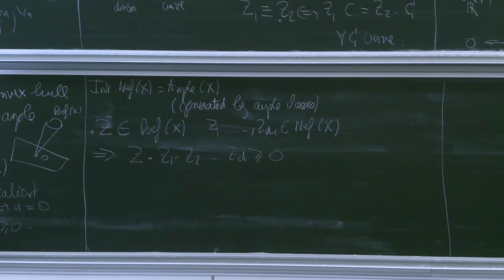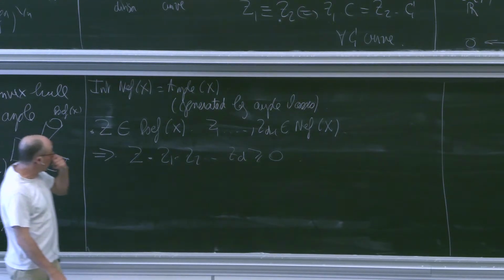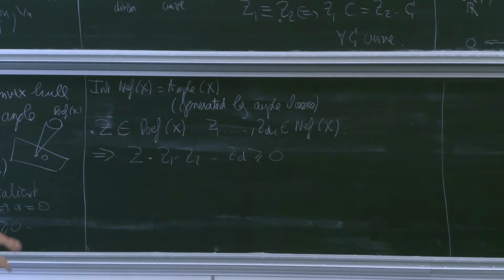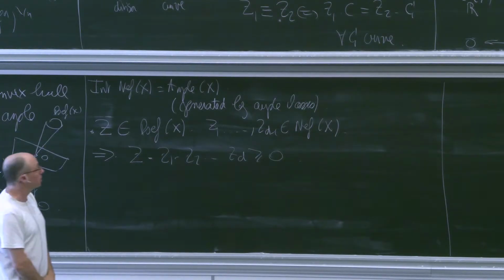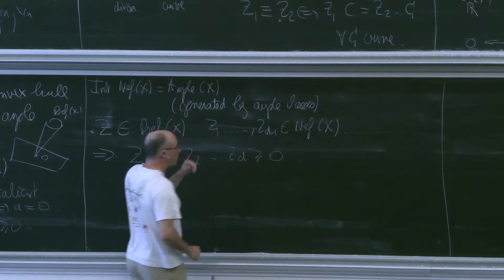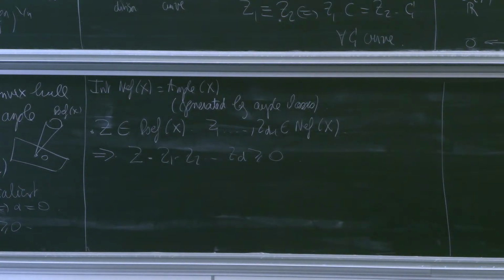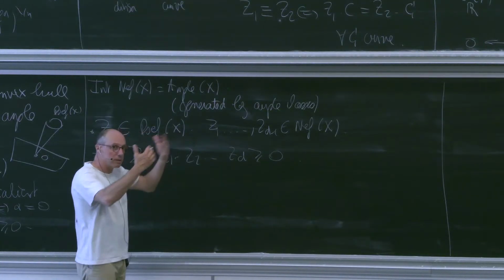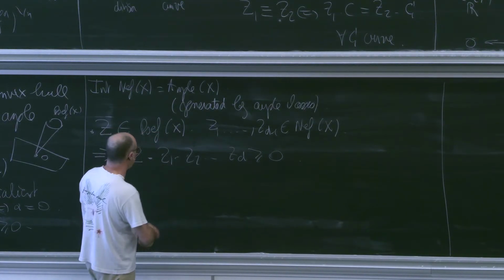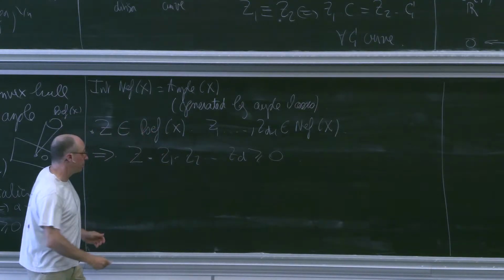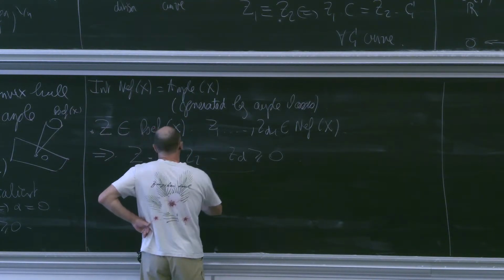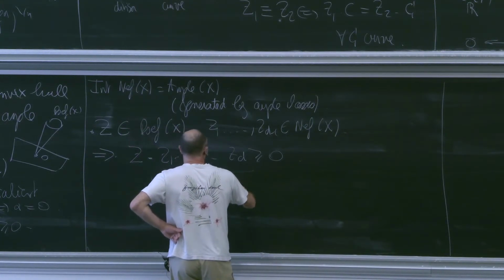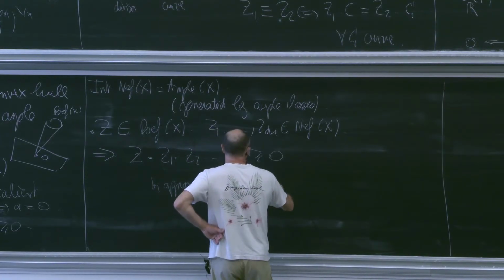If you believe in this characterization here, being nef means that you can approximate, up to multiplying by some positive rational number, Z1, ..., Z_{d-1} by ample divisors. And then you can take general sections. Or maybe you take a multiple of them so that the divisors are very ample. Then they are determined by an effective curve.